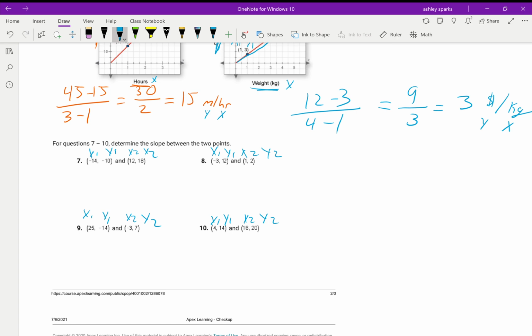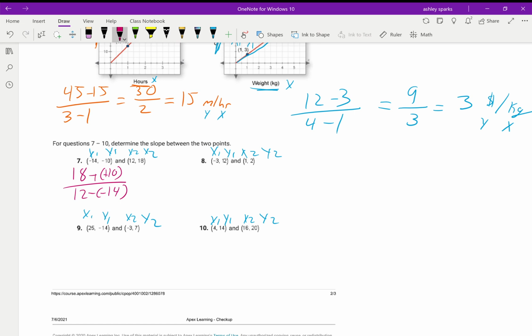So if we were doing this equation, y2 is 18 minus negative 10 over x2, 12 minus negative 14. Again, keep your signs. Don't start dropping them. Keep that negative between them because that's in the formula, and parenthesize your numbers if you need to.